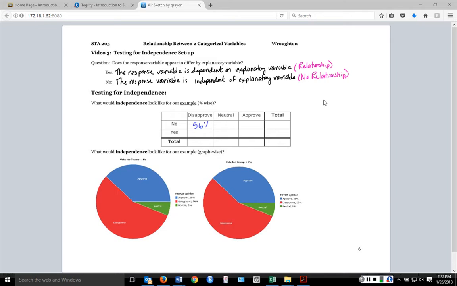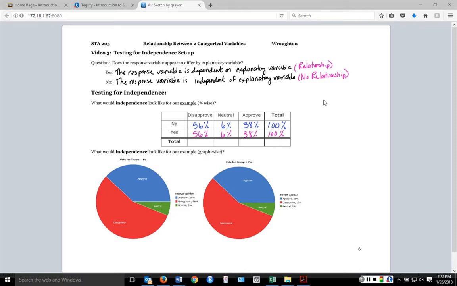We would have got 56% here, 6% here, and 38% here, for a total of 100%. We also would have got 56% here, 6% here, and 38% here, for a total of 100%.